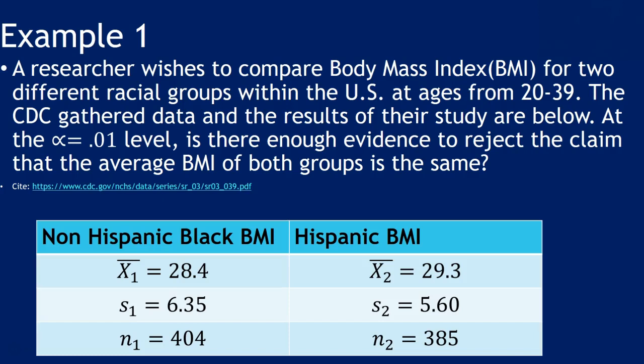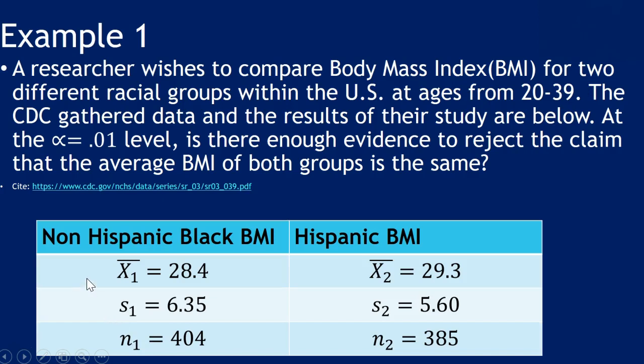So there it is. For Black BMI, we have a sample average, a sample standard deviation, and a sample size. For Hispanic BMI, we have a sample average, a sample standard deviation, and a sample size. Notice that I've already labeled these with subscripts.